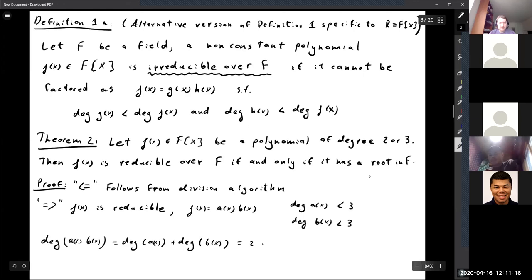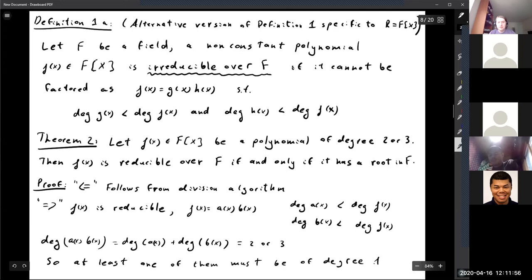That is 2 or 3. So what we should write here is that this degree is strictly less than the degree of f of x, and this degree is strictly less than the degree of f of x. So at least one of them must be of degree 1.